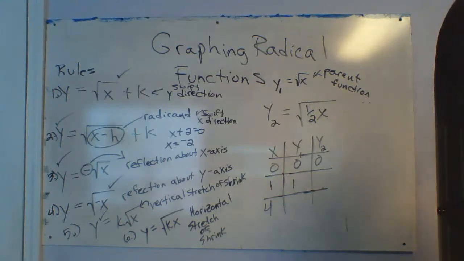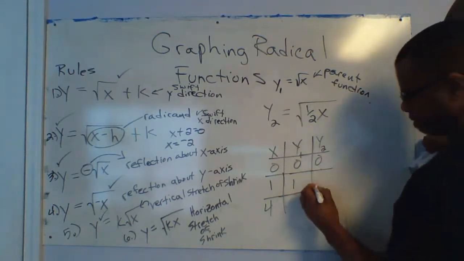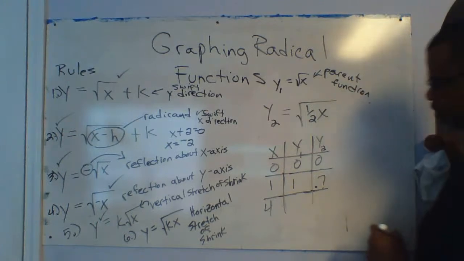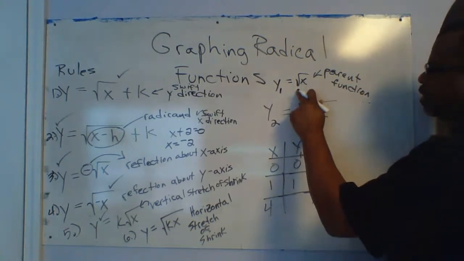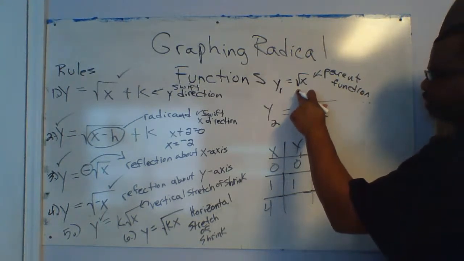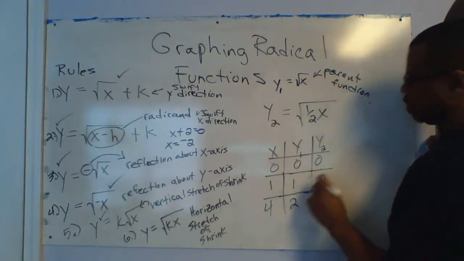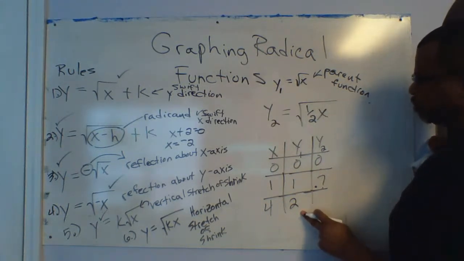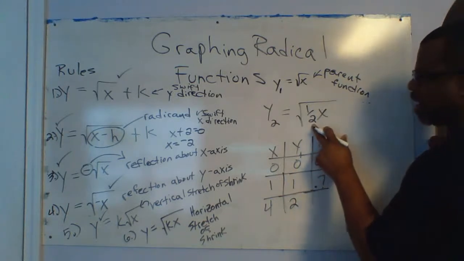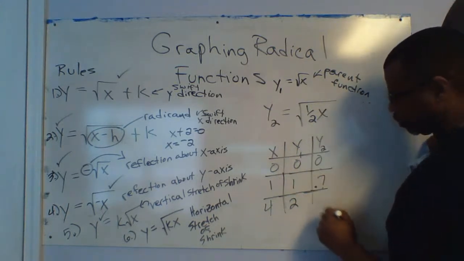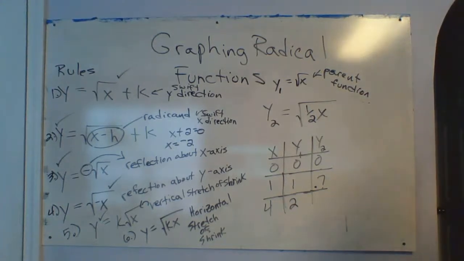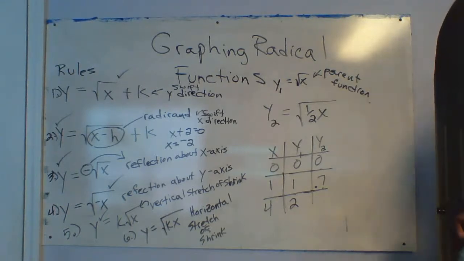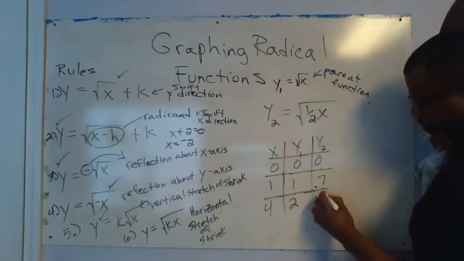So that's going to give us 0.7. And then we plug in 4 here. That's going to give us what? 2. Then the square root. So half of 4 is 2, and the square root of 2 is going to give us about approximately 1.4.